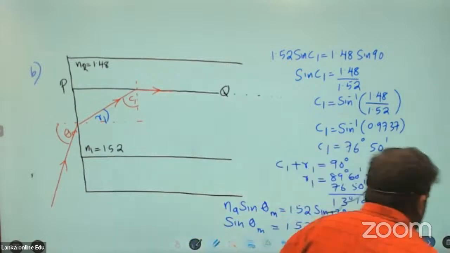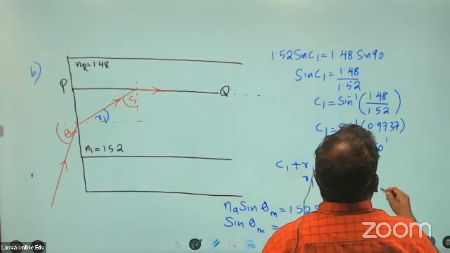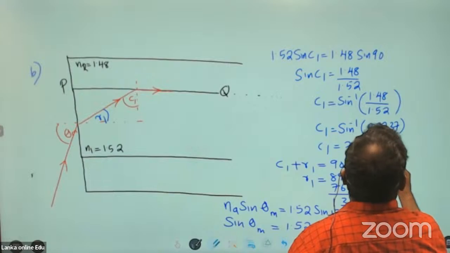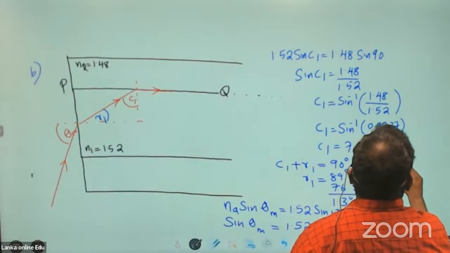That gives 0.3463, so sine theta max is 0.3463.